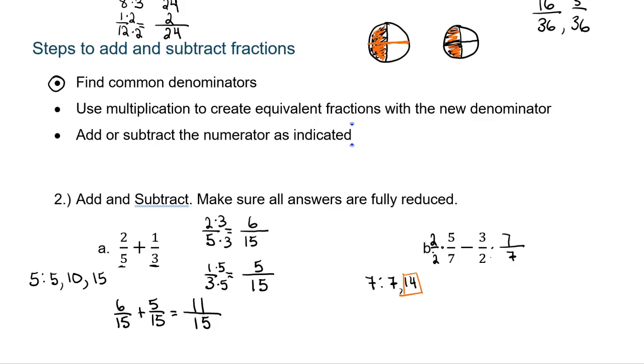And then whatever I do to the bottom, I have to do to the top. All right, now I'm ready to do the multiplication. So I get 10/14 minus 21/14. I'm going to draw my line and put my 14. And then I go ahead and subtract. So 10 minus 21 is negative 11. And that is your final answer.